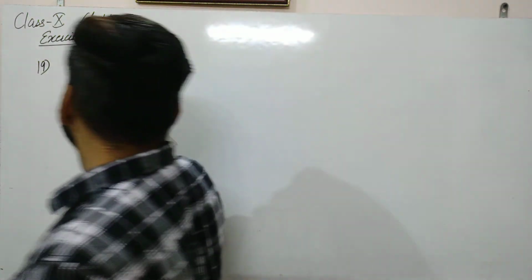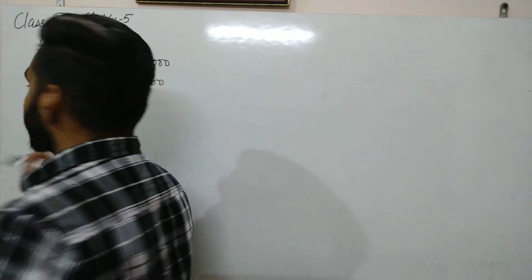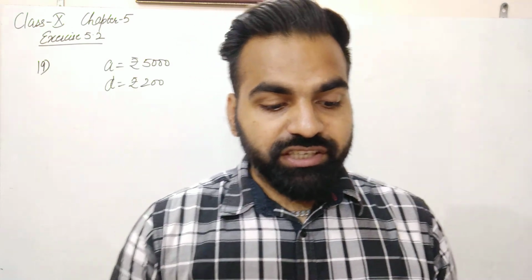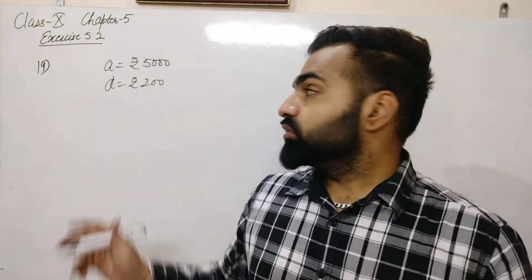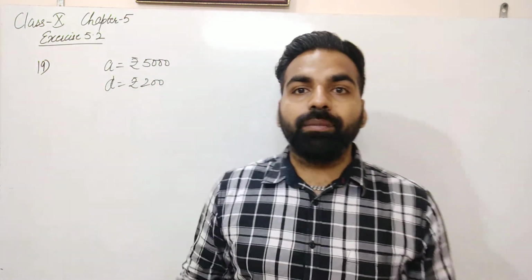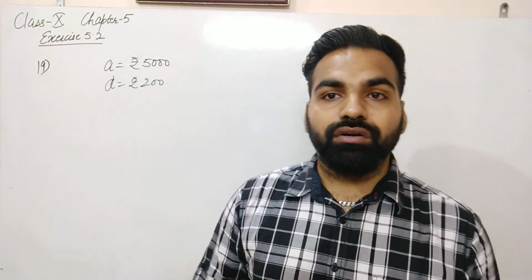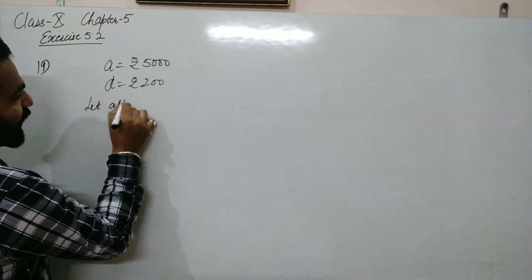So the common difference is rupees 200, plus 200 because there is an increment. In which year did his annual income reach rupees 7,000? So we have to tell after how many years his salary will be equal to rupees 7,000.